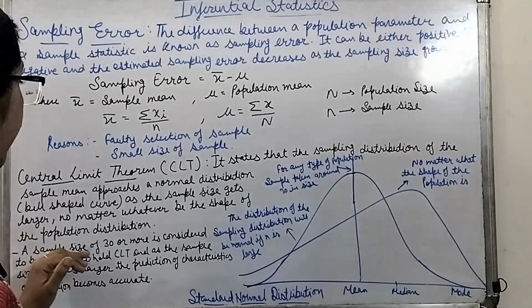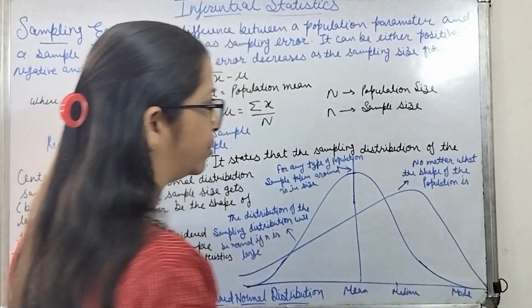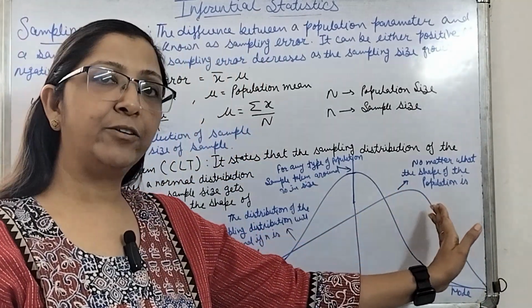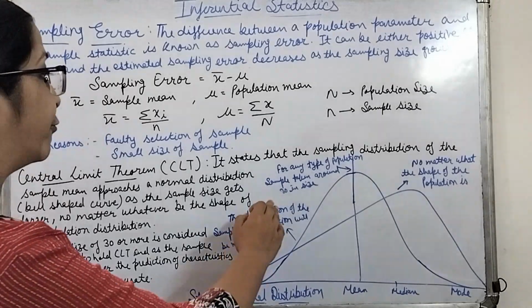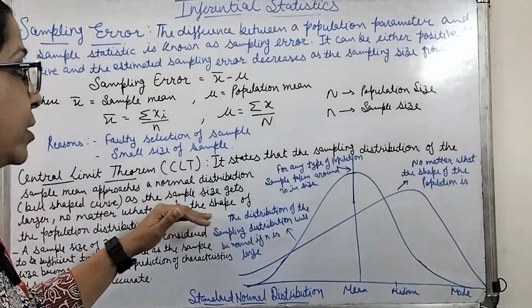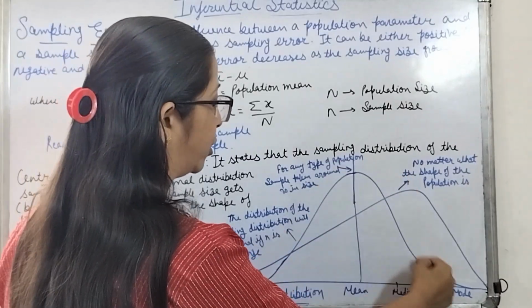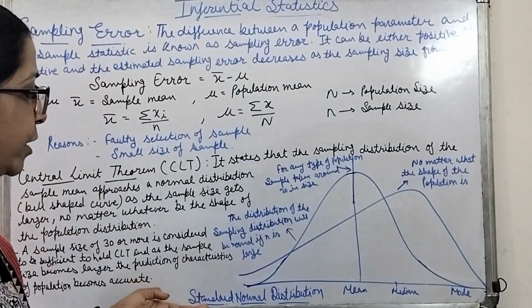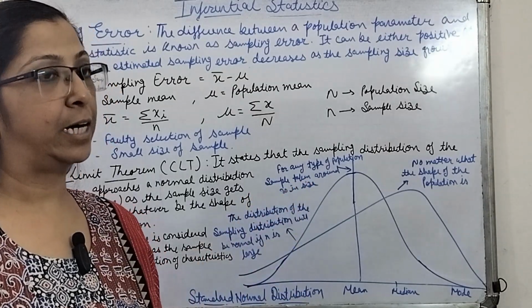Suppose this is the shape of the population distribution, it is not making any difference. If your sample size is larger, in that case your distribution for the sample will be your normal distribution, or standard normal distribution.